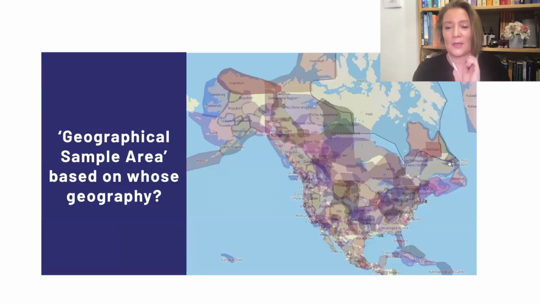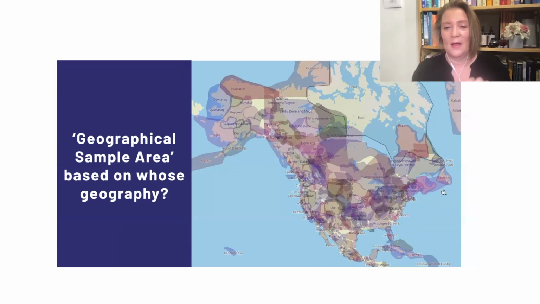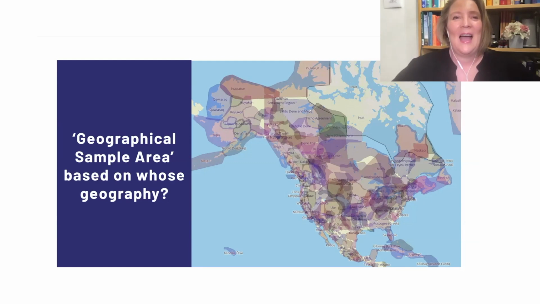Another really, really good example of data and project design is who got to define the sampling area. Now we're going to talk a little bit more later about what sampling is, but essentially we want to know who got to design how the data was selected.